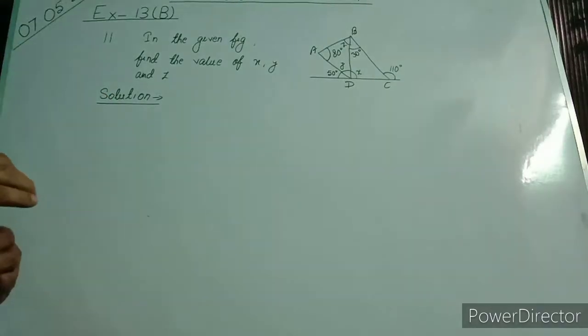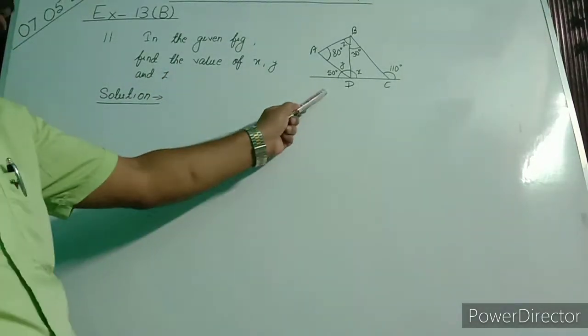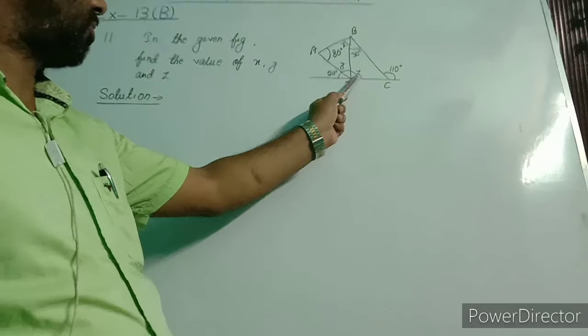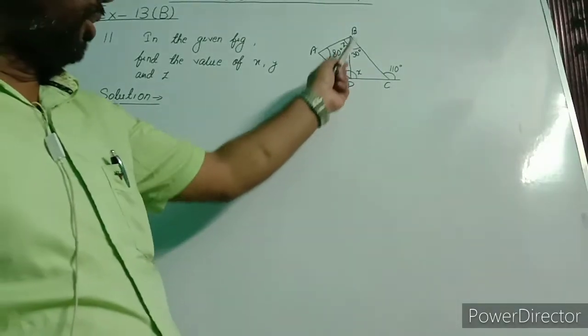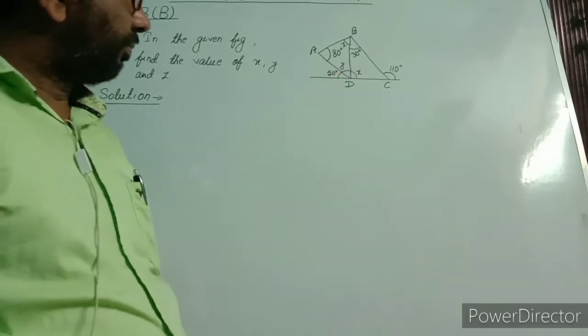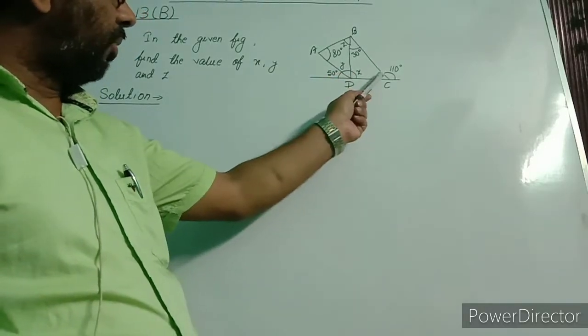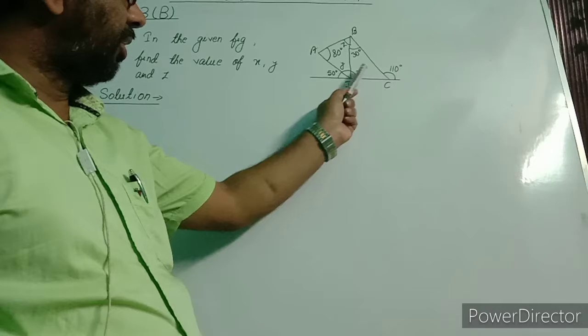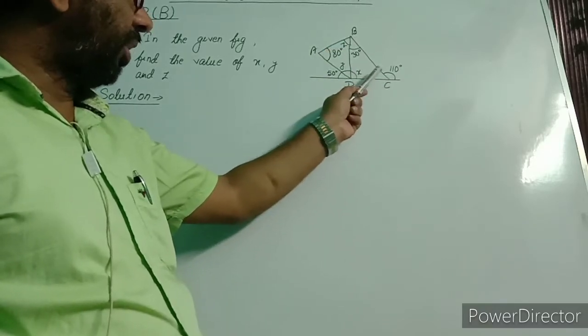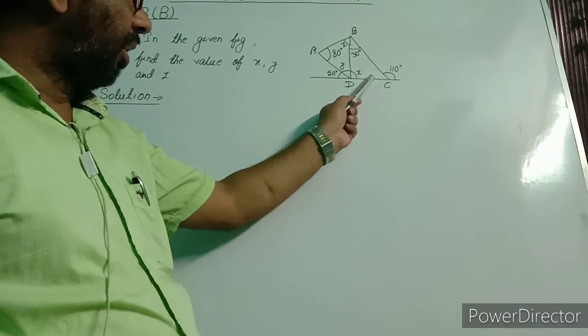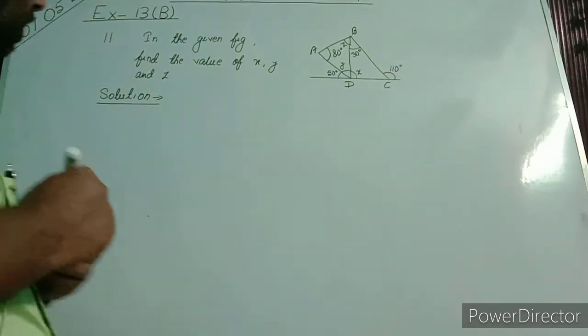In this question number 11, in the given figure, find the value of x, y and z. In triangle BCD, we can find out the angle BCD.